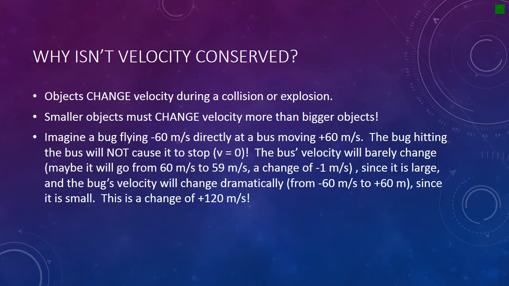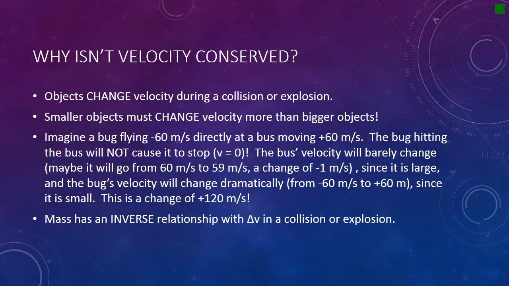But the velocity change for the bug will be dramatic, even though their changes in momentum will be the same. So it's important to remember that mass has an inverse relationship with change in velocity in a collision or explosion, or a fixed momentum.